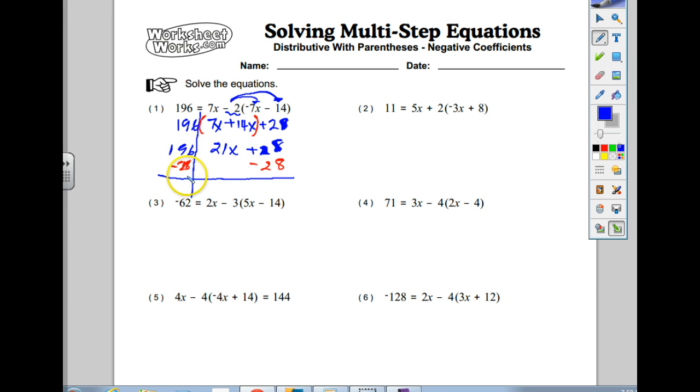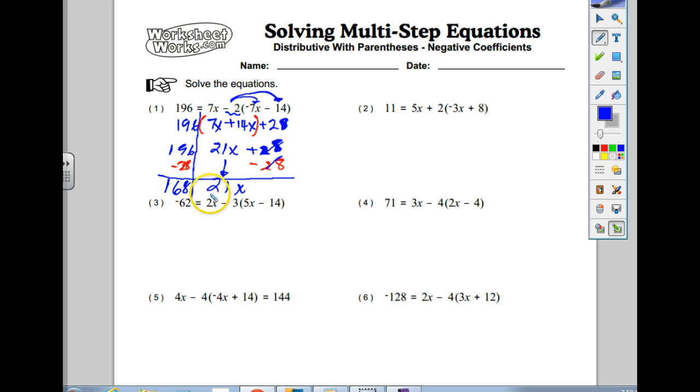And now we get 196 minus 28. Alright, so here we get 168. These cancel. Now we want to bring down the 21x.